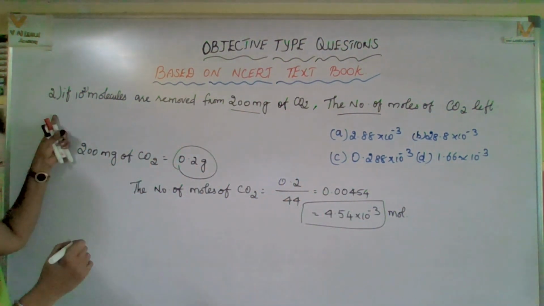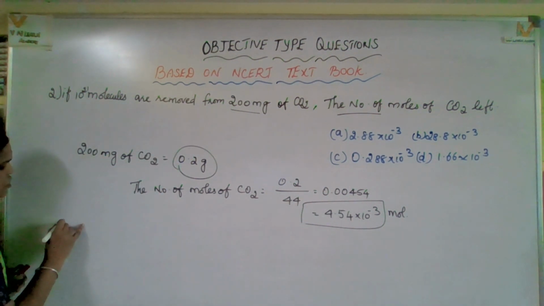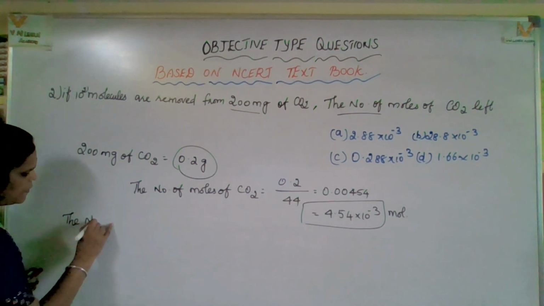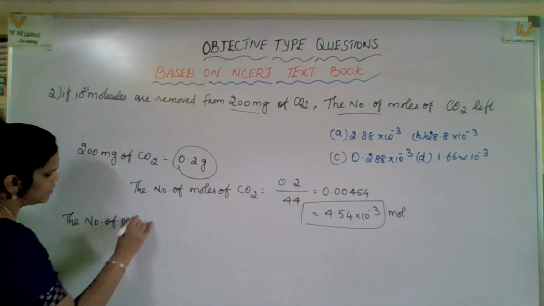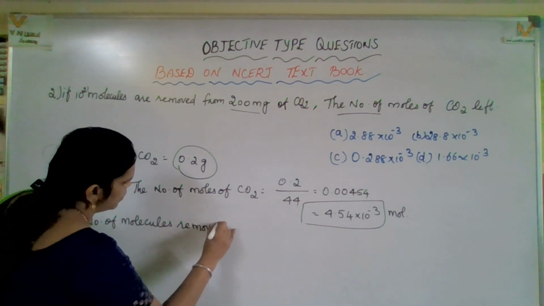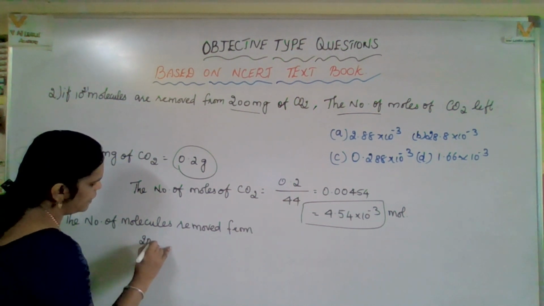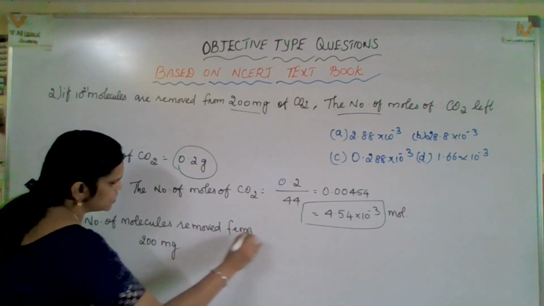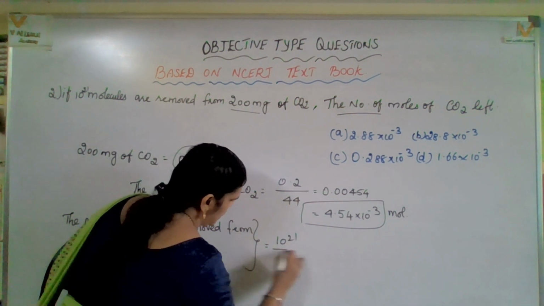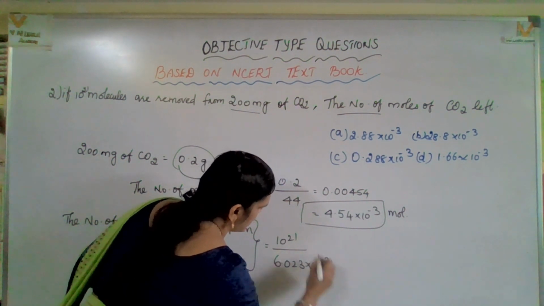Now, how many molecules have been removed from 200 milligram? Let us check. The number of molecules removed from 200 milligram is 10 to the power of 21 divided by 6.023 into 10 to the power of 23, the Avogadro number.